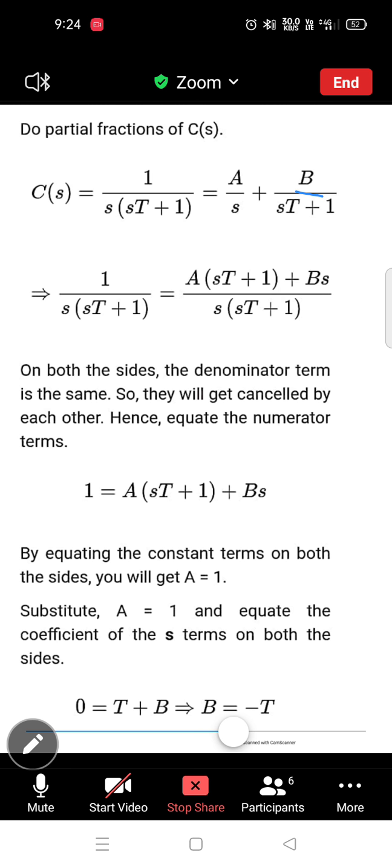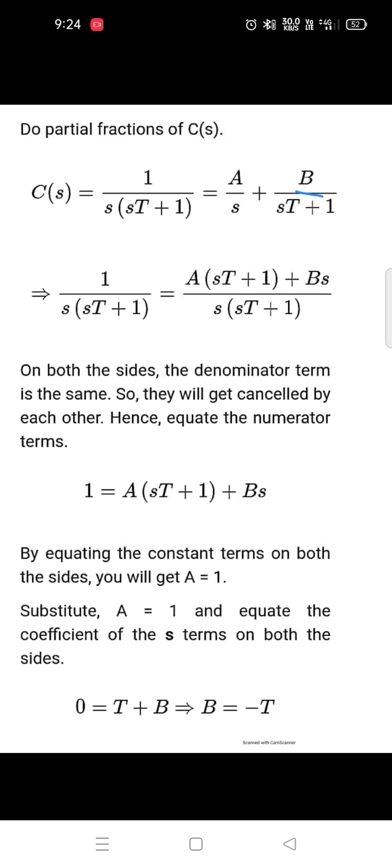So by taking partial fractions of this, it will come as A divided by s plus B divided by sT plus 1. Now simplifying this with the partial fractions, it will give us the equation as 1 equal to A into sT plus 1 plus B of s.